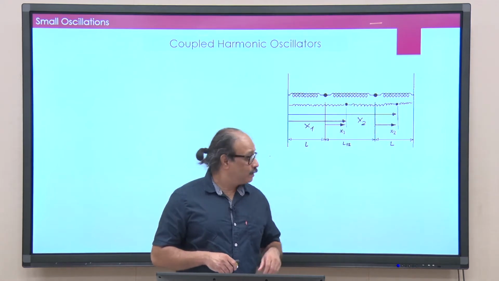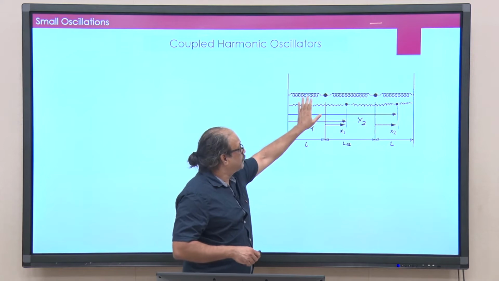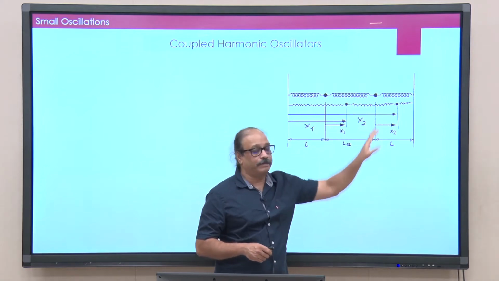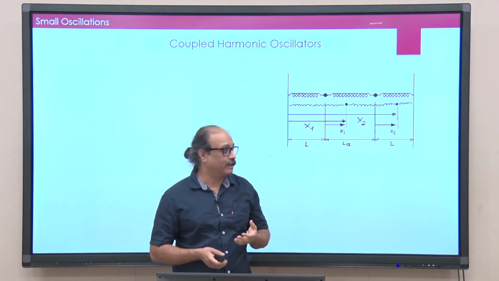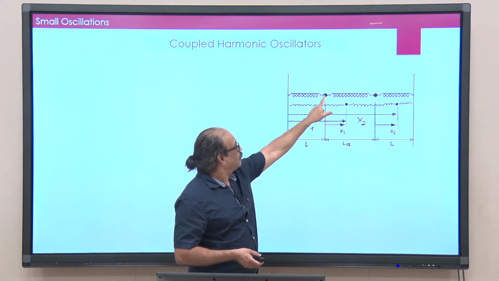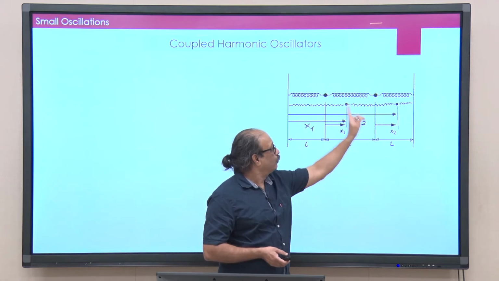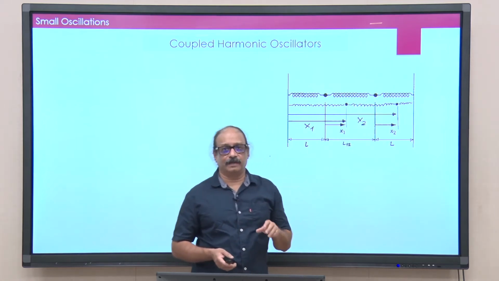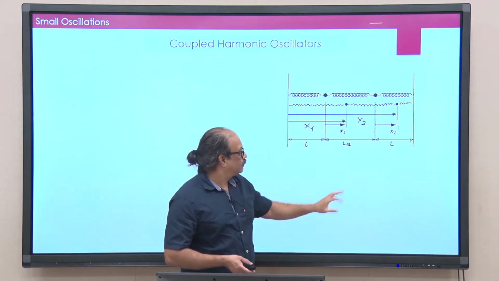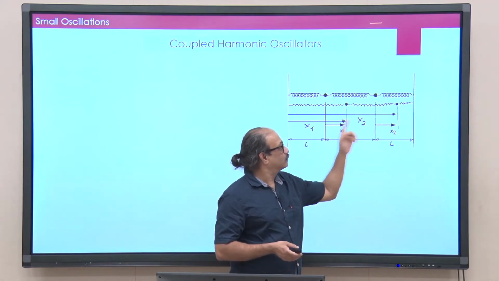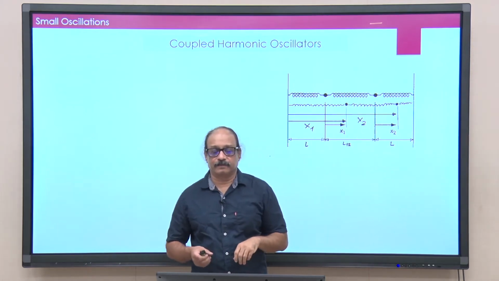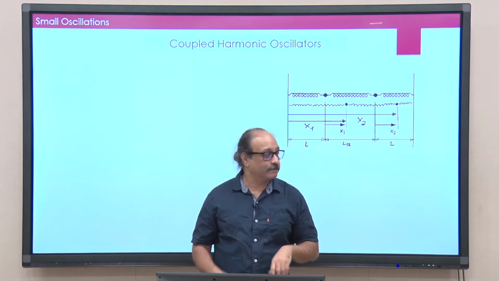Now, look at this configuration given at the top, which is the equilibrium configuration. So, L is the natural length of the side spring, L12 is the natural length of the middle spring, and the two side springs are identical to each other.